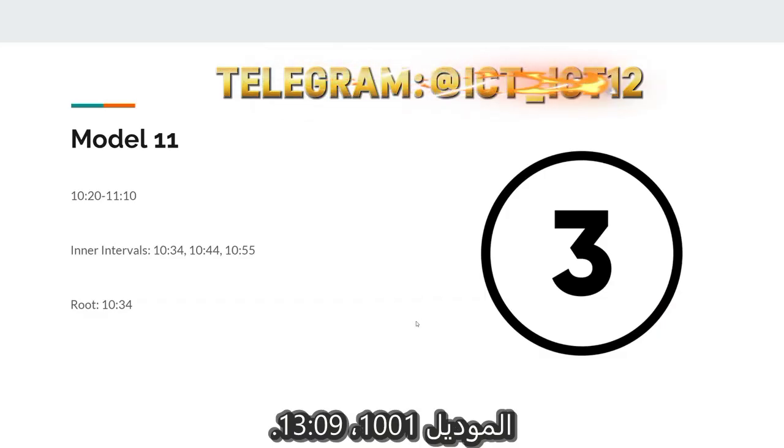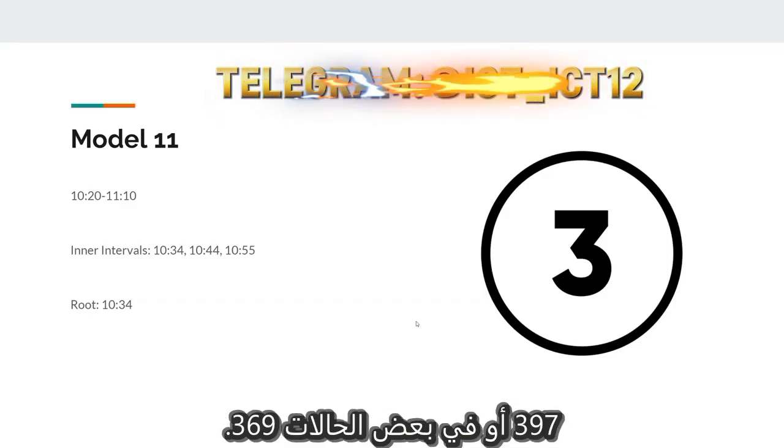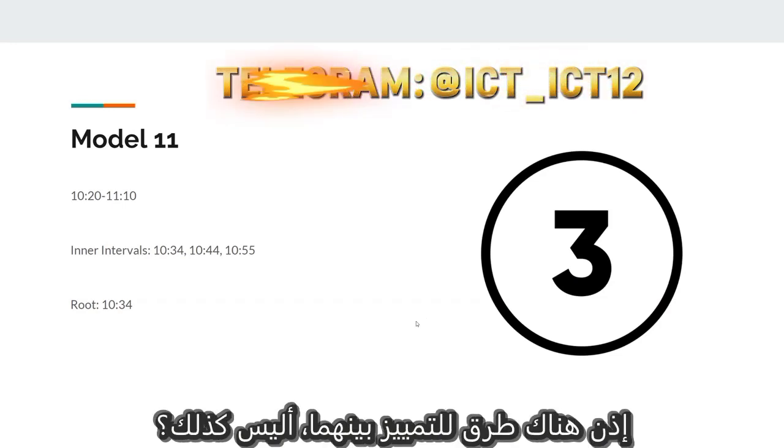Model 1001, 139. If we see no Judas and we see just Model 3 take place, then at that point we can expect 397 or in some cases 369. So there's ways to distinguish it, right?